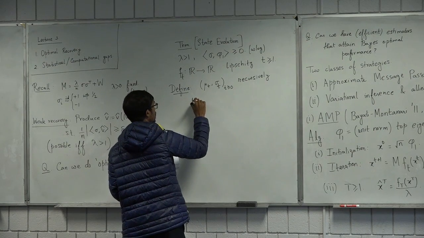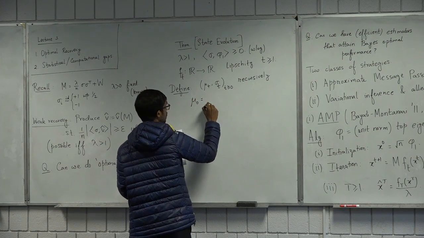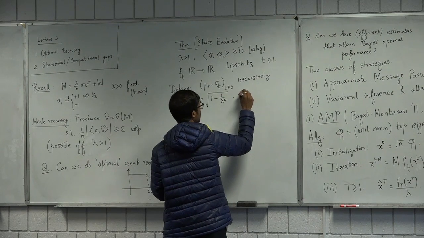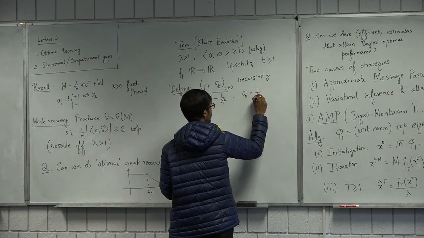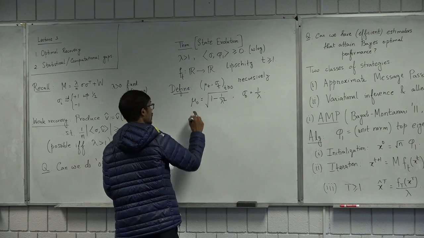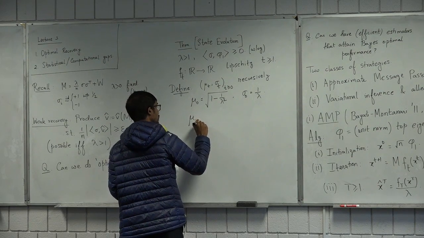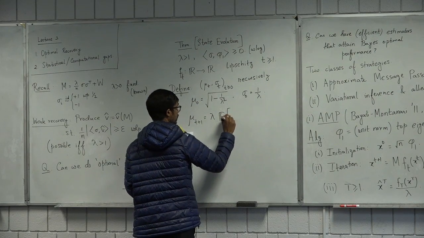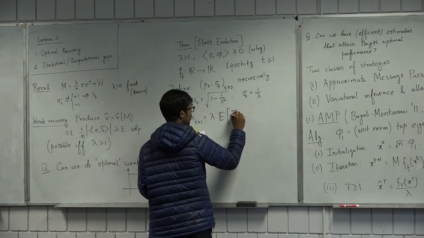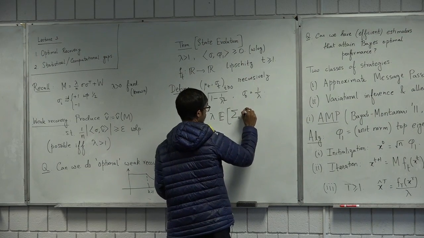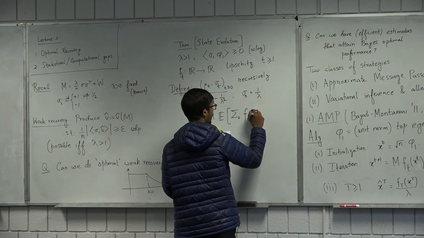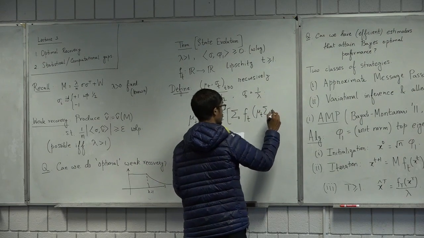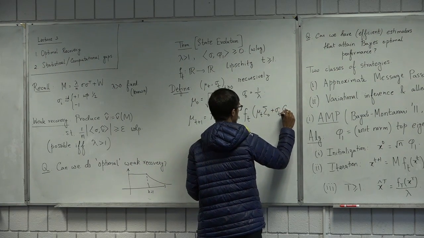So mu_0 is sigma_0 over lambda, and then mu_{t+1} is lambda times the expectation of sigma_0 times f_t of mu_t sigma_0 plus sigma_t times g.